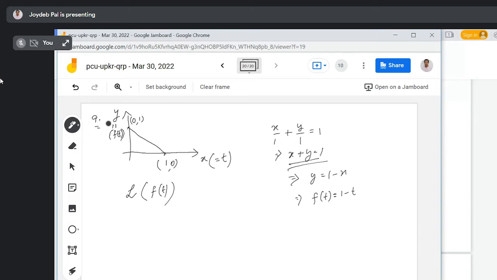In which interval is it lying? All over the real line, or in some part? It is a line segment, no? So it is not lying all over the real line. So what is the range for t here for that function? 0 to 1, right?